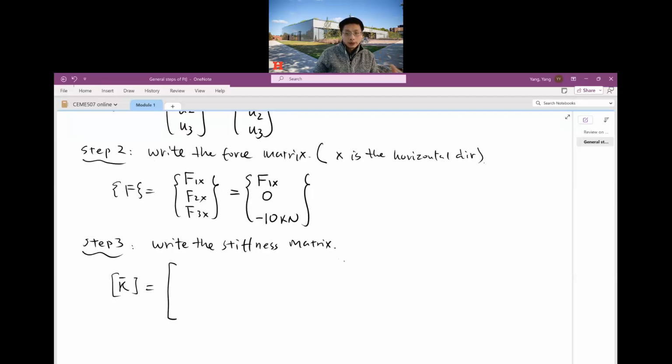Since we have three displacements and three forces, the relation between the forces and the displacements will be a matrix of 3 by 3. So we have K11, K12, K13, K21, K22, K23, K31, K32, K33. This is the stiffness matrix here.